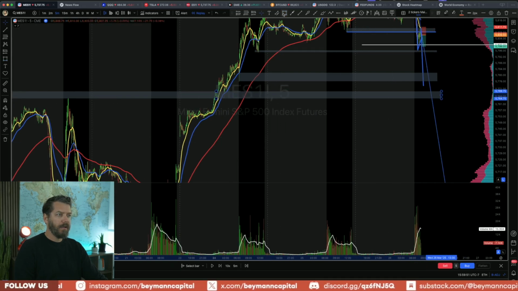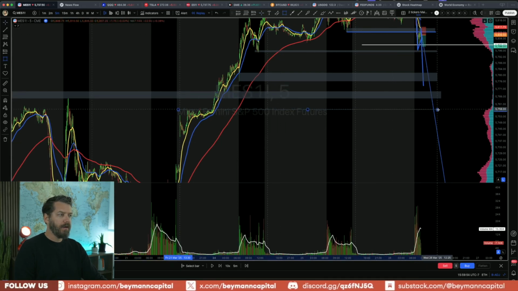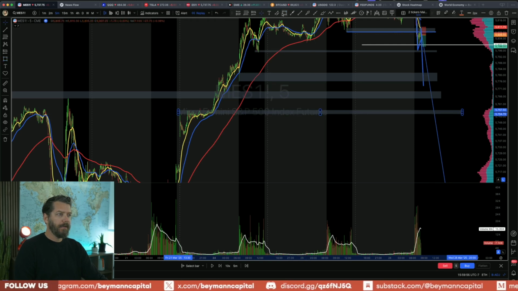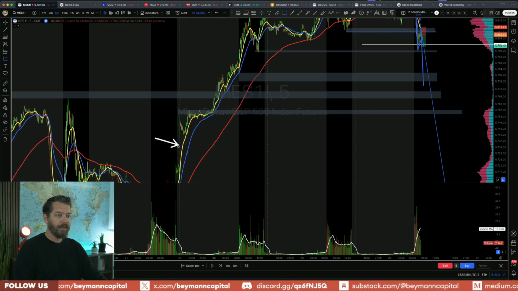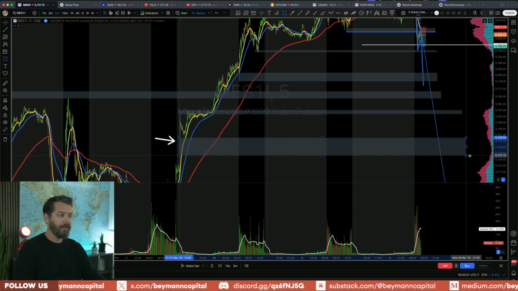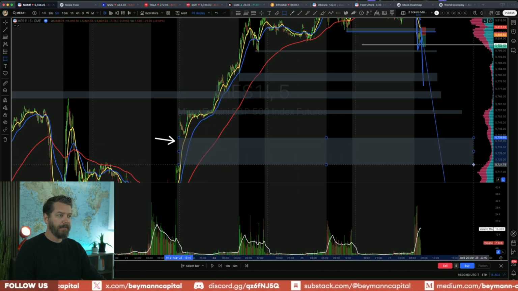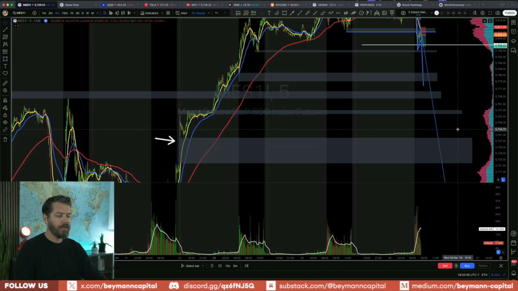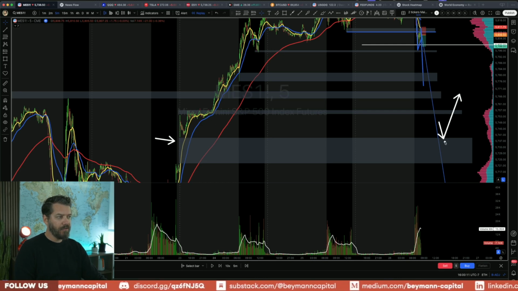Okay. We have another one right there. And we have a gap here. Interesting. So gaps are interesting as well, because if you bounce, it's okay, but if you don't bounce, usually it closes the gap.